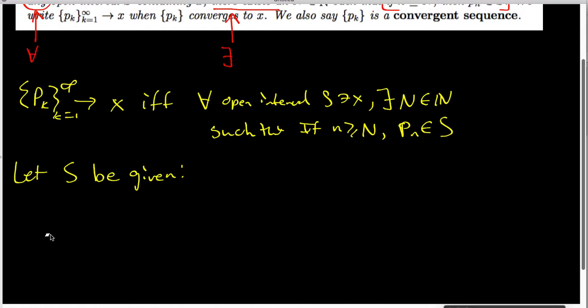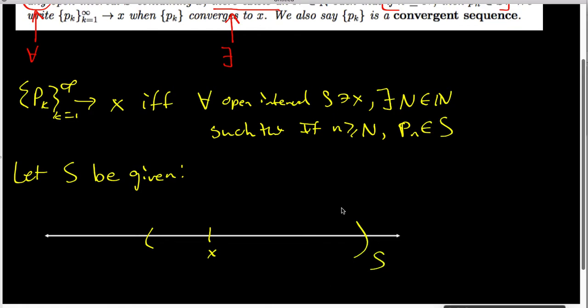If we take a number line, and here is X on this number line, and here is our open interval S, this definition is saying that once I get past capital N, or up to capital N, the terms of the sequence have to be inside my open interval.